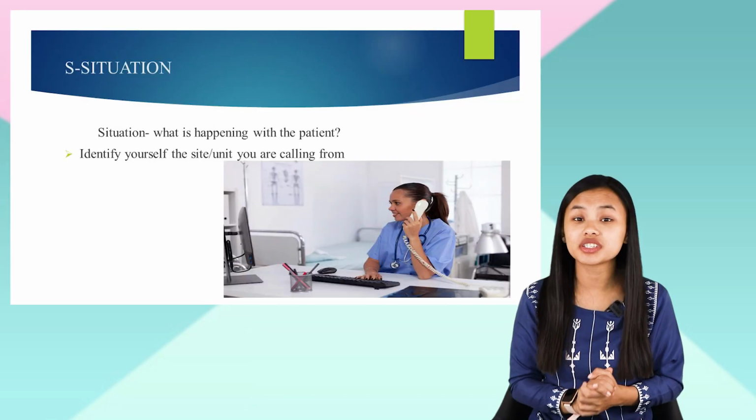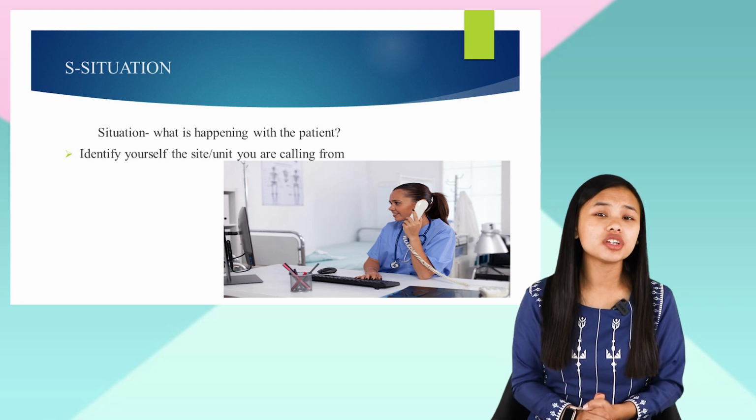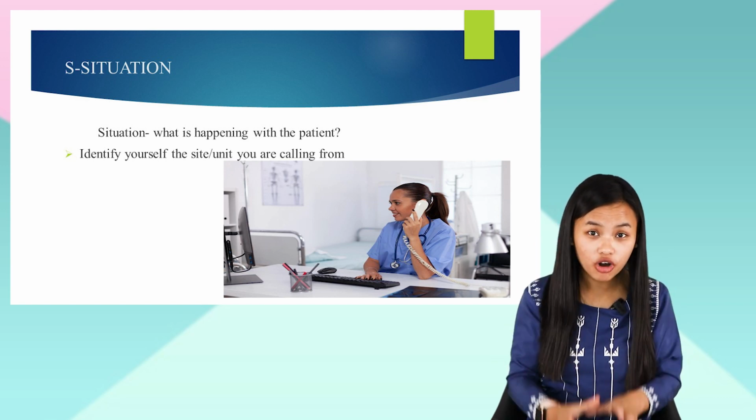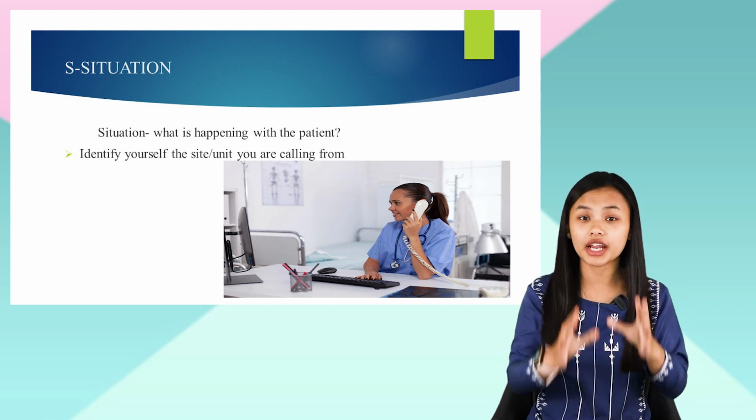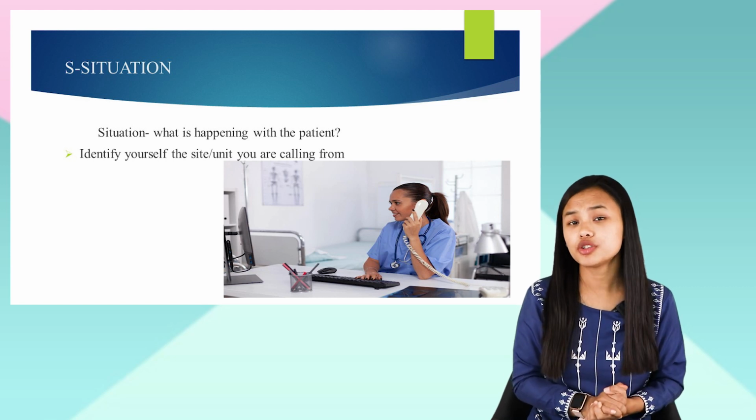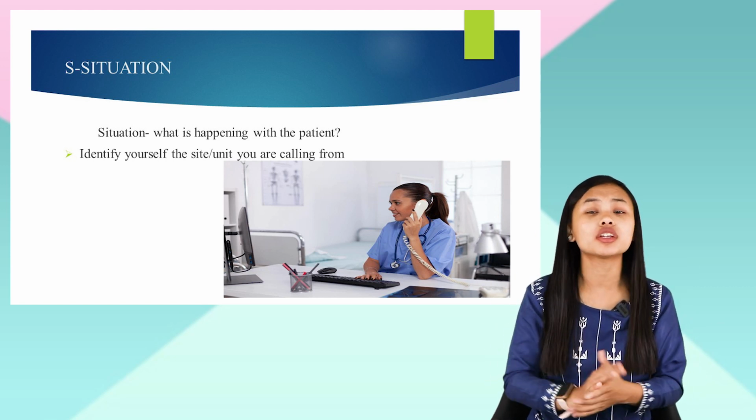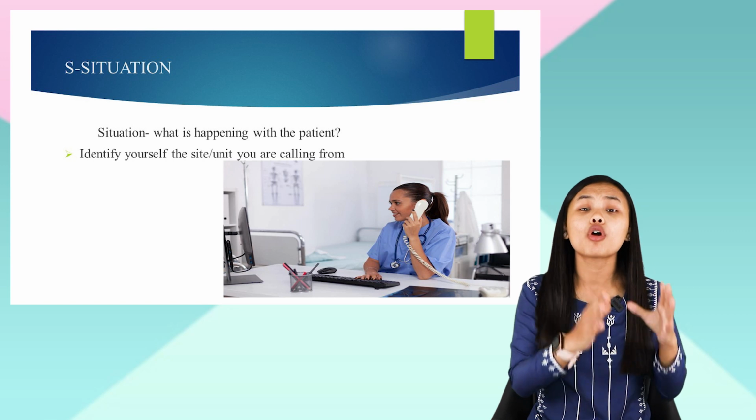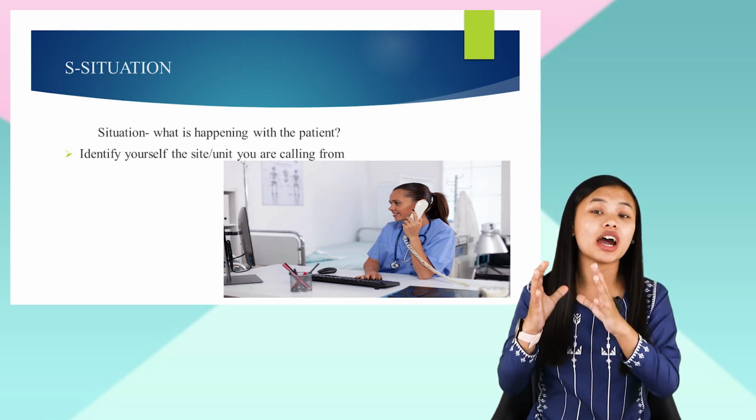The first one is the situation. Situation here means the situation that had occurred for that particular client. So here, what you will be doing is communicating to the healthcare team about what is happening to that particular client.